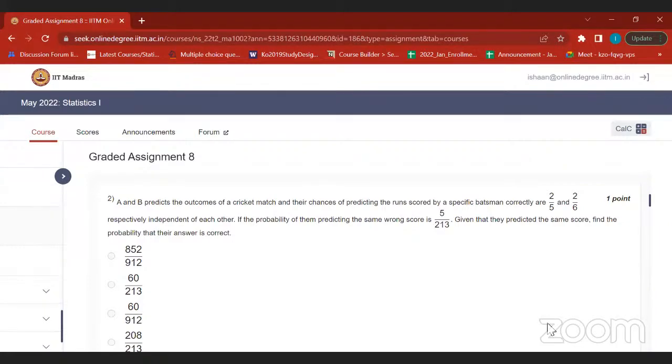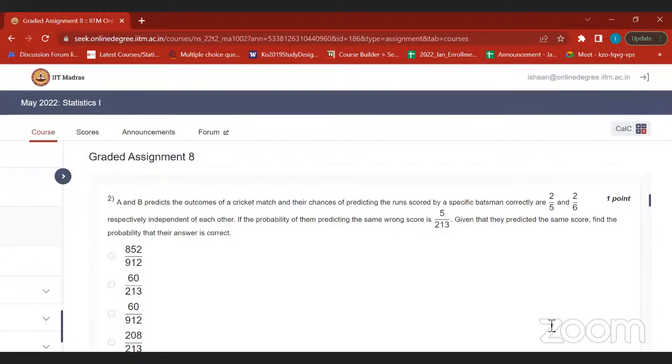Okay, you're saying the statement is like predicting given that they predicted the wrong score. The same wrong score, yes sir.